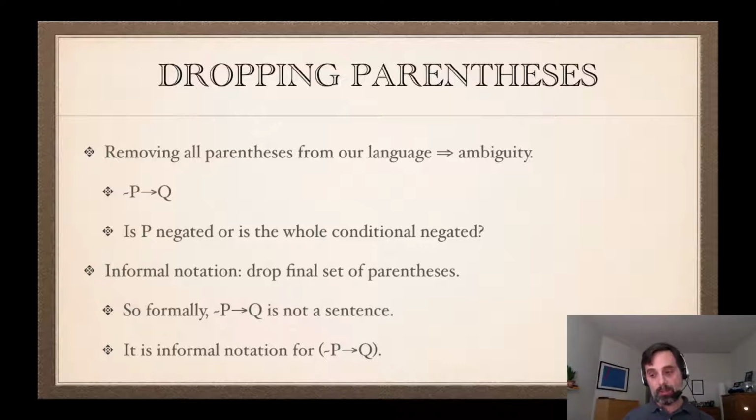If we come upon something that is by itself not a sentence, but if we were to add parentheses to it, then it would become a sentence, then we say the initial thing without the parentheses is informal notation for the thing with the parentheses. And we're going to count those as sentences. Most officially they're not, but informally they are, and we're going to pretend that they are. Because whenever we come upon a sentence that's lacking parentheses, we always know how they have to be restored. They always have to go on the outside.